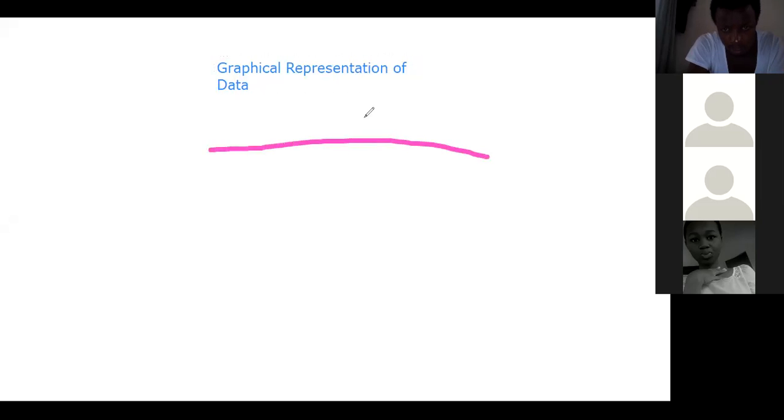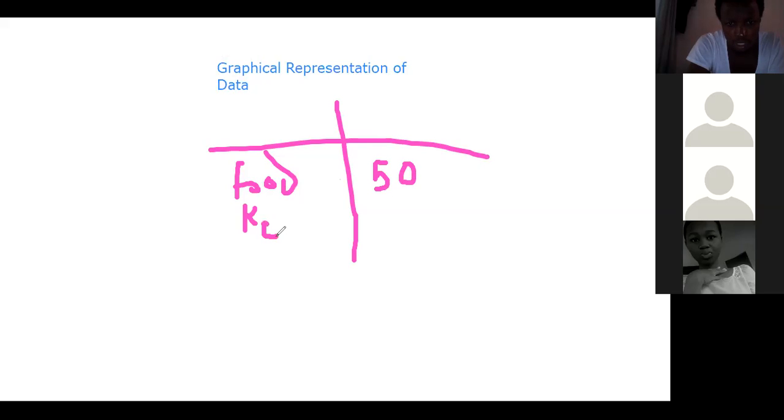So for instance, we have something like this. Maybe food, this is food. We are giving food to be maybe $50. Then maybe rent was maybe $10.